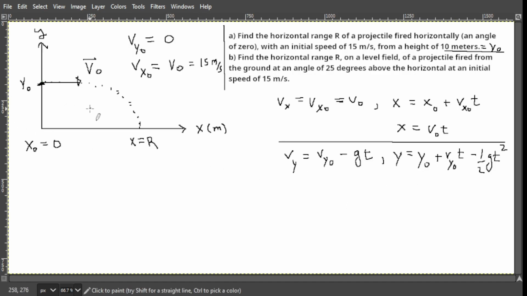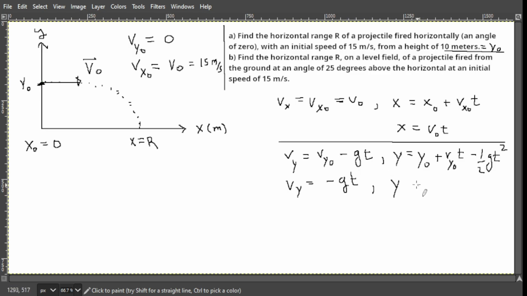Okay, now what can we do with this? We can simplify our equations a little bit. Our initial velocity in the y direction is equal to 0, so vy is going to be whatever it starts off at, 0, minus gt. Since the projectile is shot horizontally, it doesn't have any y velocity in the beginning, but it gets a y component of velocity as it flies through the air due to gravity, and that's what this is telling us.